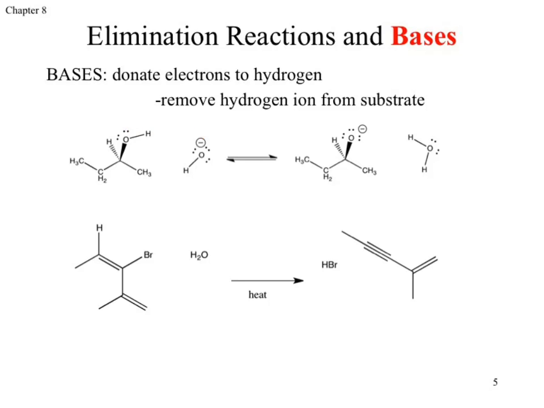What happens in this case? Trickier one. Not quite sure it's the one I wanted to show, but so Br is gone. What does that mean the Br is going to do? It's going to take the electrons. So all we're going to try and do in this case is come up with a rough idea of what happened.